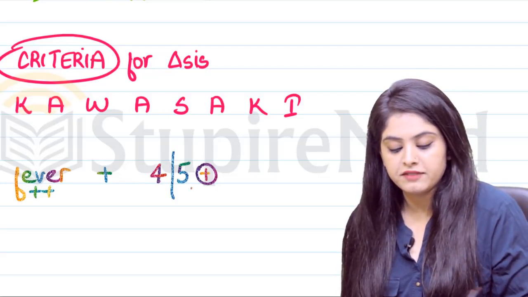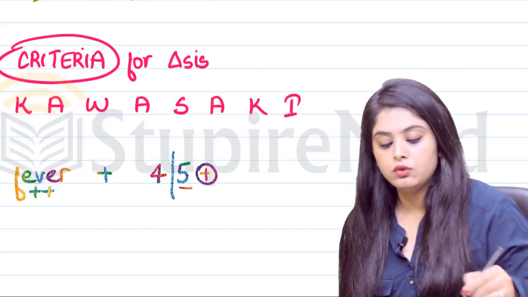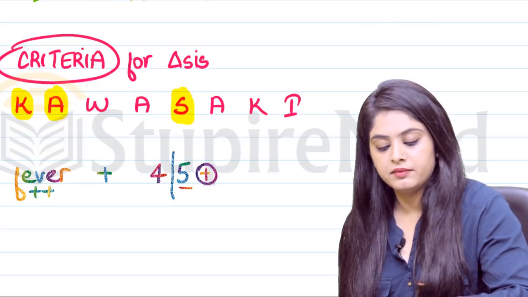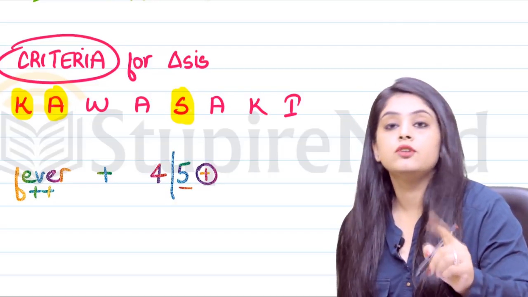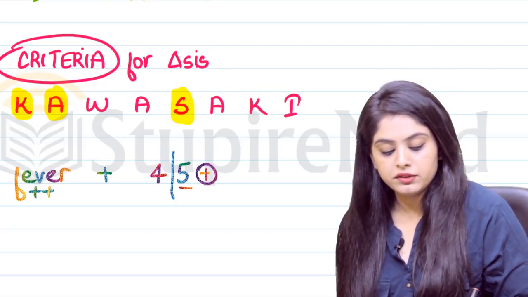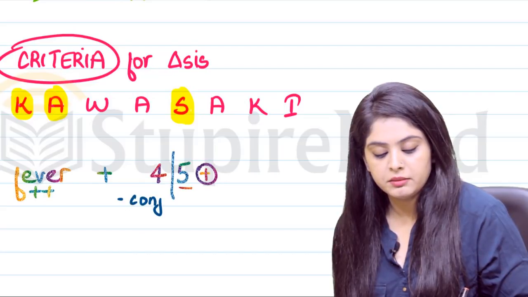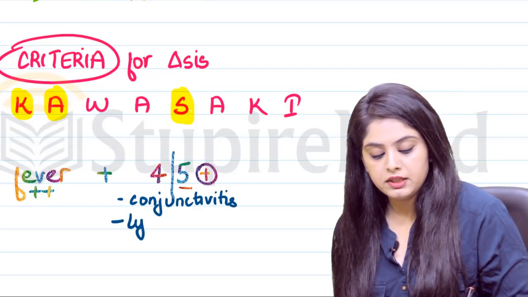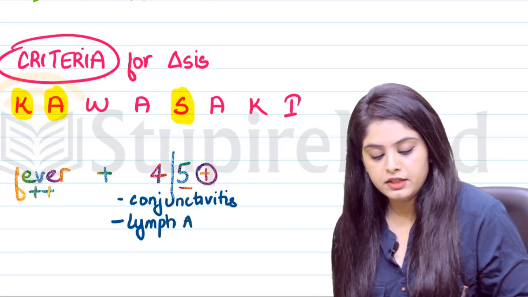And what are those 5 criteria? So you need to focus on these 3 alphabets. And this will also help you in recalling. K was for phonetically similar conjunctivitis. A was for adenopathy or lymphadenopathy.